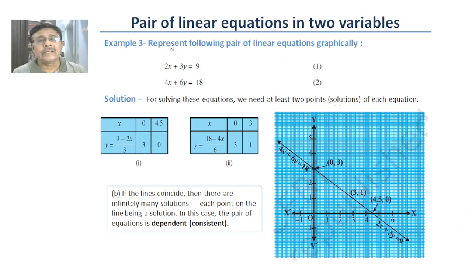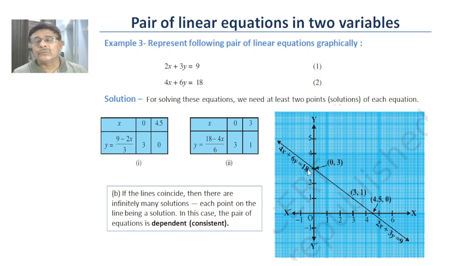Now example 3, again we have been given these two equations, a pair of linear equations, and we have to find the solution. So again, following the same procedures as before, we can draw two lines on the graph. One line is representing the first linear equation, that is 2x plus 3y is equal to 9, and the second line represents linear equation 4x plus 6y is equal to 18.